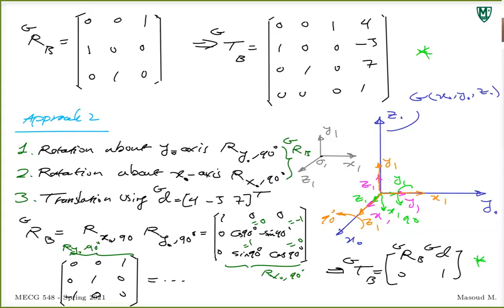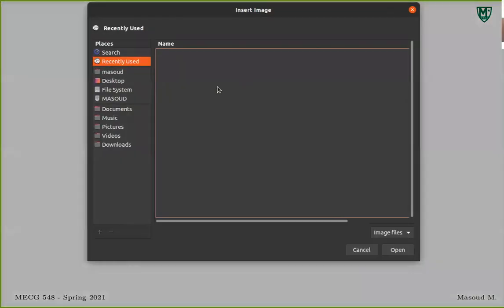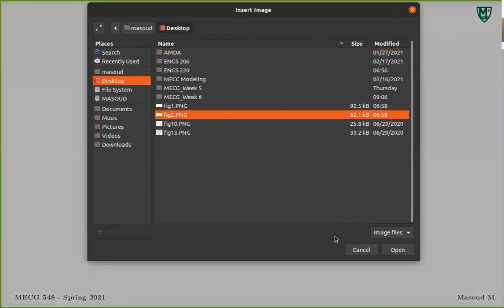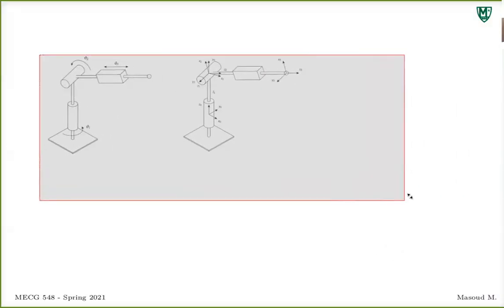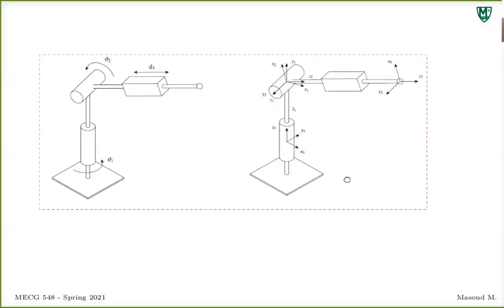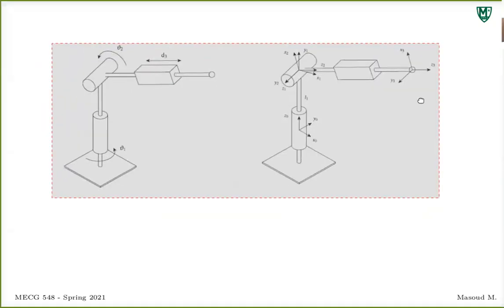All right, so let's look at something more aligned with what we do in this course. All right, if there is no question on that, I can bring something more interesting. Here's an arm. Let's see if I want to talk about this one or the other one.